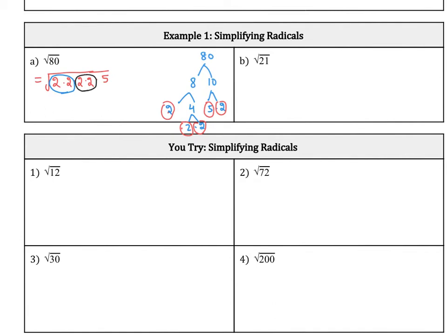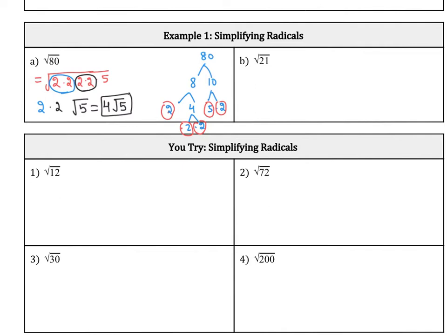We are going to take out one number from each pair. So one number from each pair means that we're going to take out 2, and another 2. Left inside is your number 5. So the answer is 4 square root 5.